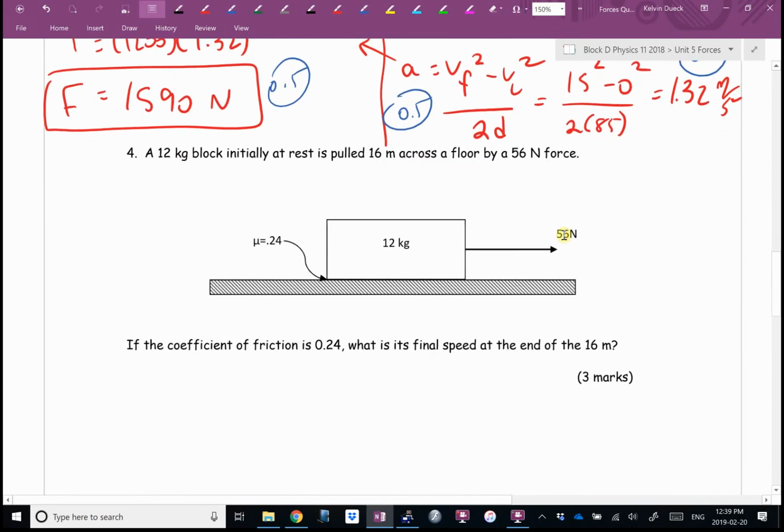Number 4. A block initially at rest is pulled by blah, blah. Antonio, what's this question want me to find? Antonio, what's Vi? What's that, 16?